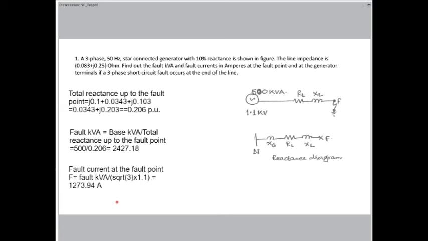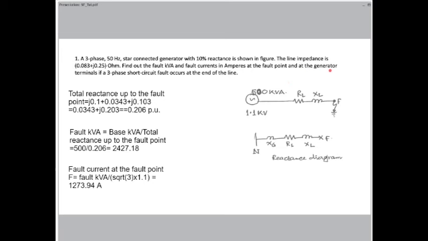It will come straight as ampere. So Amanda, same. Thank you. Now the next step is to add the generator terminal. So the fault current at the fault point, that's what we have calculated here just now.